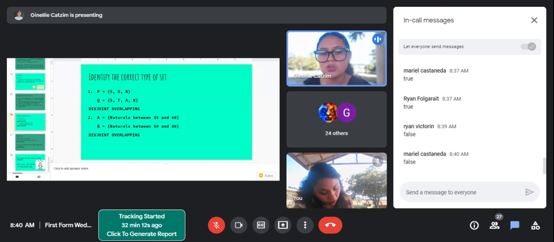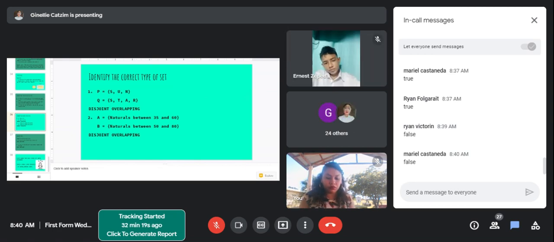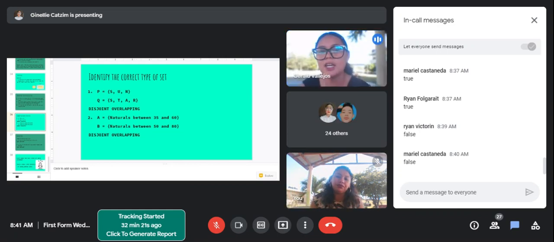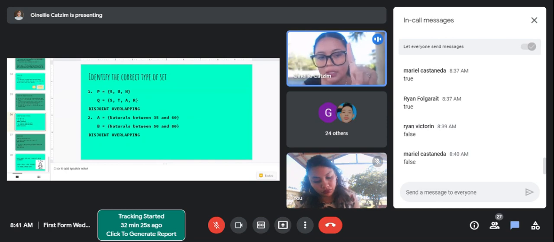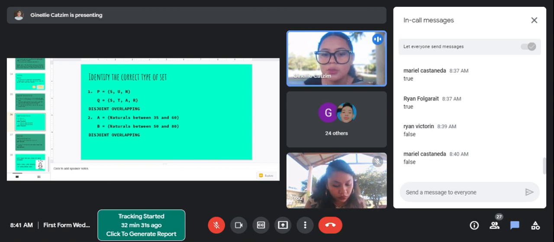Are those disjoint or overlapping? Overlapping, miss. Overlapping, right? Because they have at least one element in common, which is S. Now, number two, A is the natural numbers between 35 and 60, and B is the natural numbers between 50 and 80. Are those disjoint or overlapping?